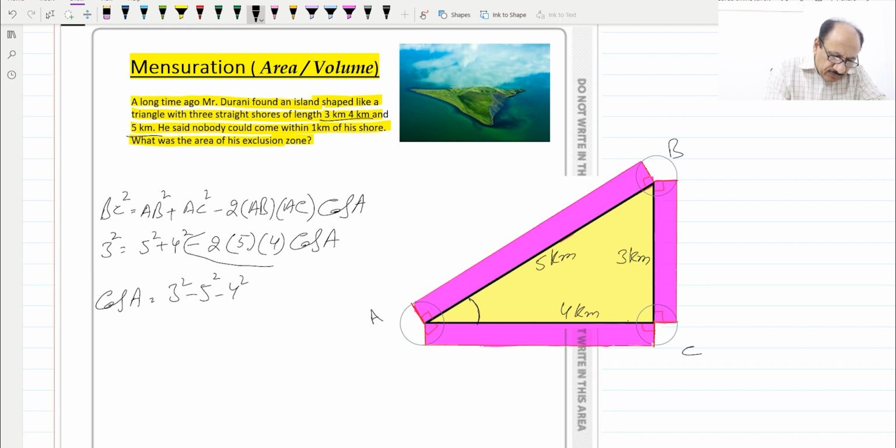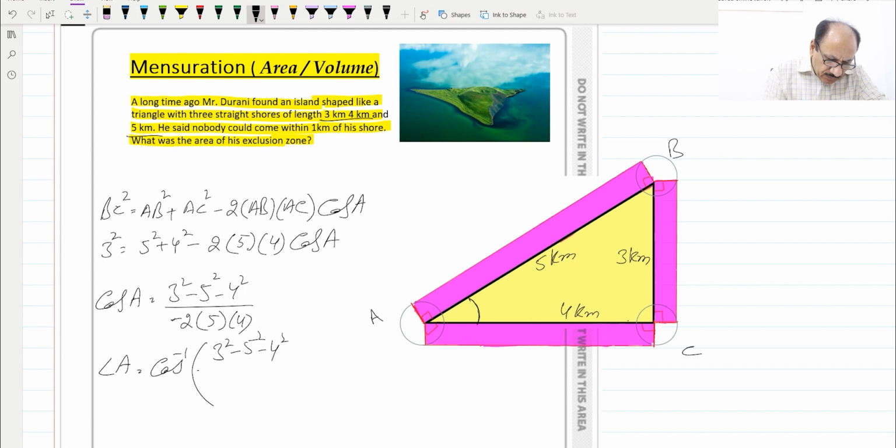Then I will shift this portion to the other side, which will go as the denominator, and we write this as minus 2 times 5 times 4. Angle A will be equal to cos inverse of (3 squared minus 5 squared minus 4 squared) divided by (minus 2 times 5 times 4).